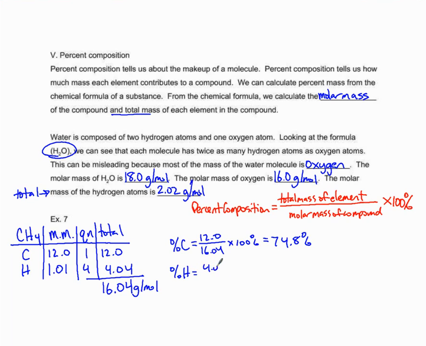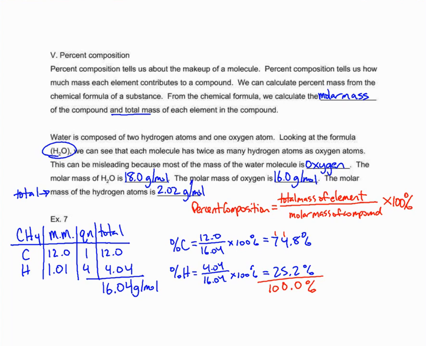For the hydrogens, 4.04 divided by 16.04, and we come out with 25.2%. And if we were to total all this up, there's 100%, and that works out. It was all rounding, so nothing really to worry about there. Just know that sometimes it's not going to be exact.